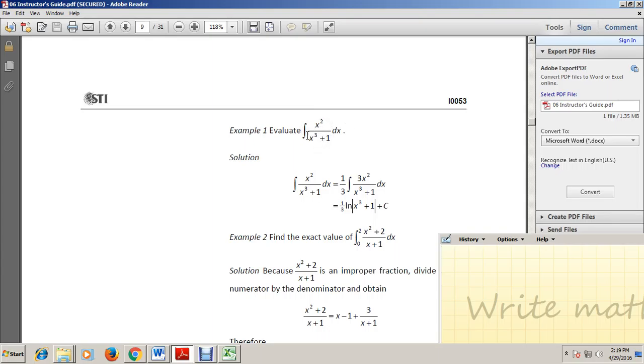You let u equal x cubed plus 1. Find the derivative of u by finding the derivative of x cubed plus 1, which is 3x squared dx. The expression x squared dx appears in that derivative, and you represent x squared dx in terms of du by solving for it. x squared dx is du over 3.